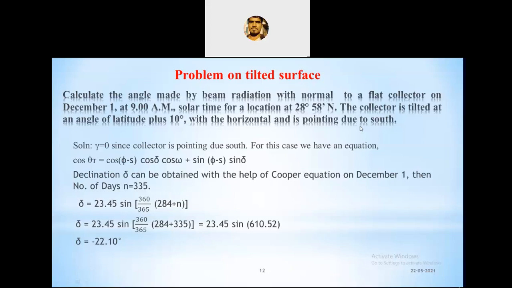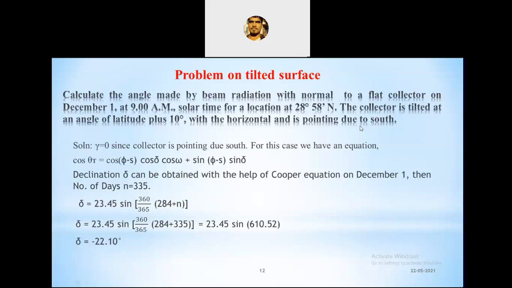So we have the equation. First we have to find out delta, the declination, on that particular day, 335. The delta equation we already discussed in the previous class: delta is equal to 23.45 sin(360 by 365 into (284 plus n)), where n is the number of the day. It is December 1, so 335.